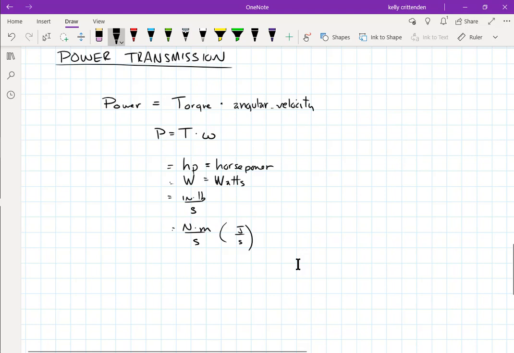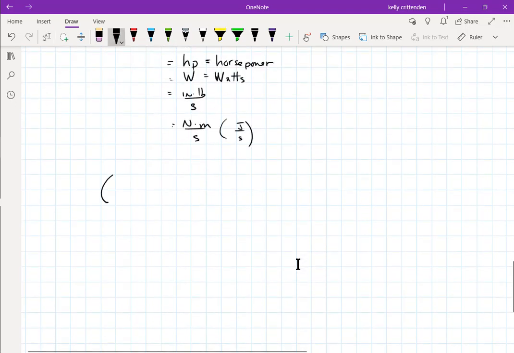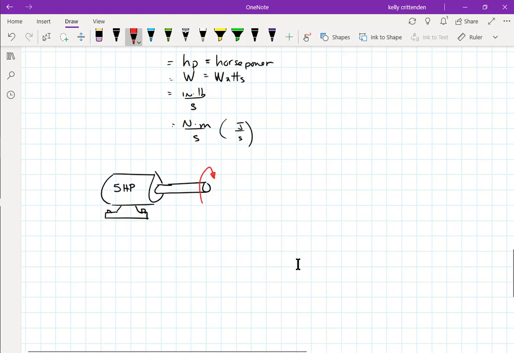So let's say that we have a motor, and we'll just have some kind of, maybe it's a 5 horsepower motor, and it is spinning at, I don't know what speed, we'll make it 80 RPM.